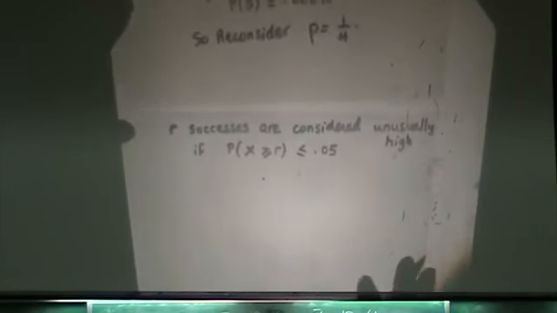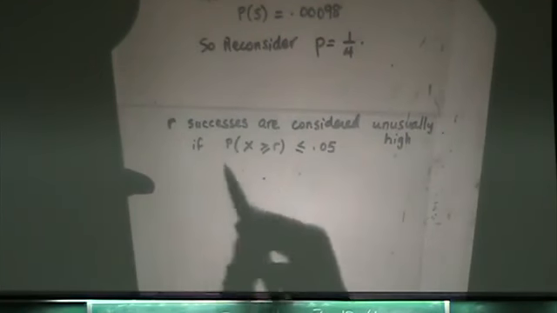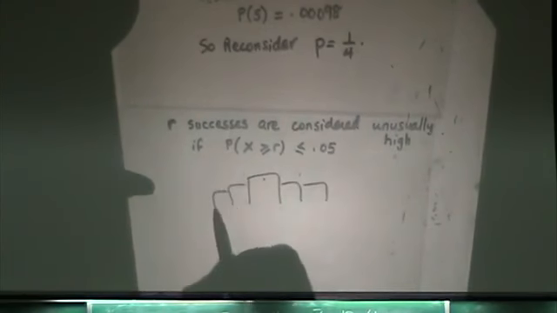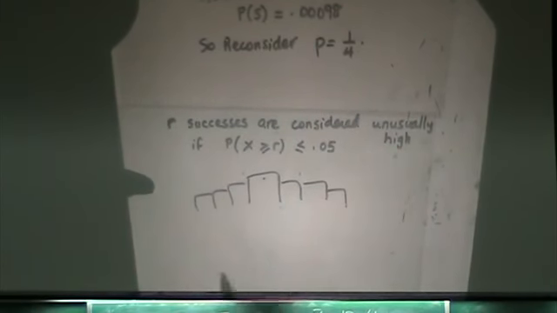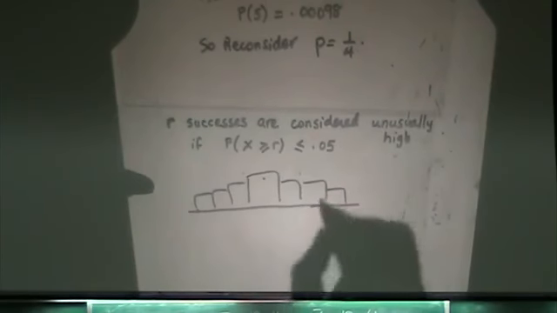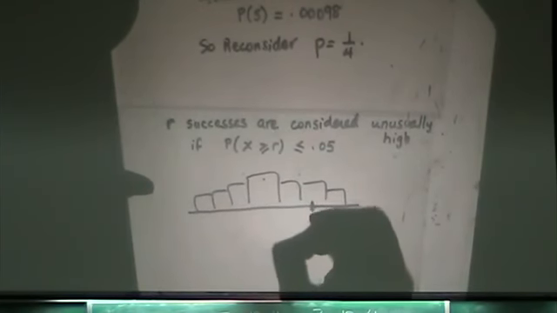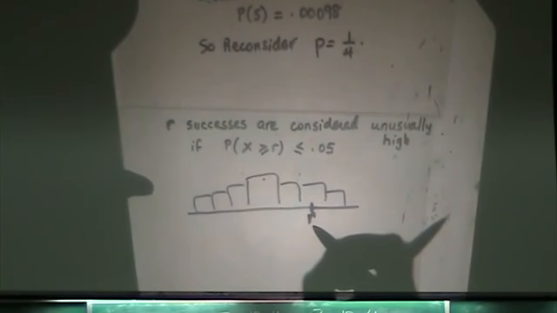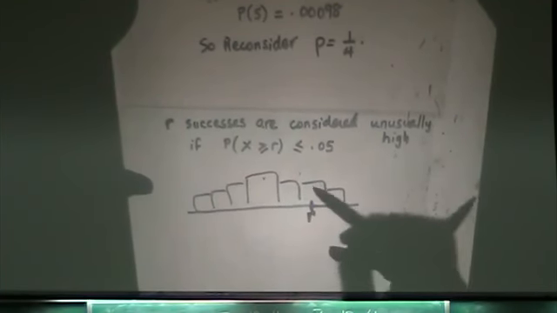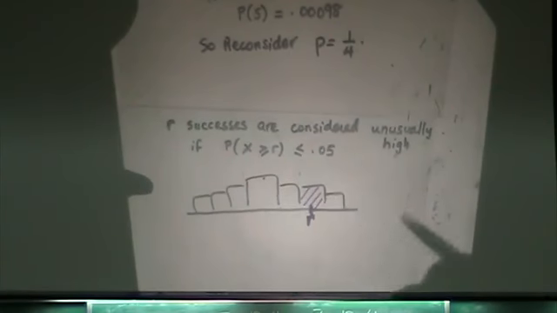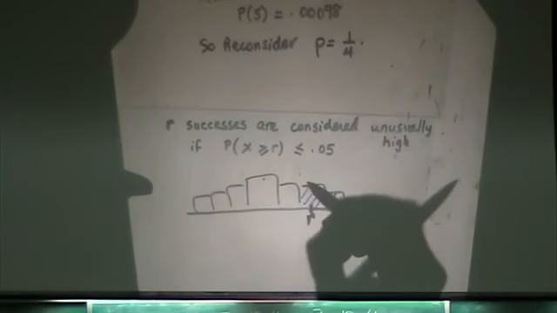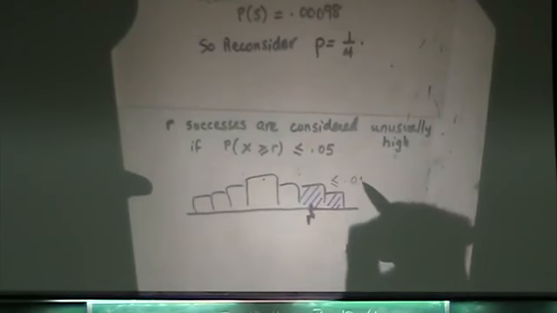Let me explain. You have some distribution, right? It's a discrete distribution, so I'm not drawing a continuous curve, right? And let's say I'm talking about some number of successes R. I would consider R to be an unusually high number of successes if the probability of R successes or more than R successes, which would be this and the next one, if this area were less than or equal to 0.05.